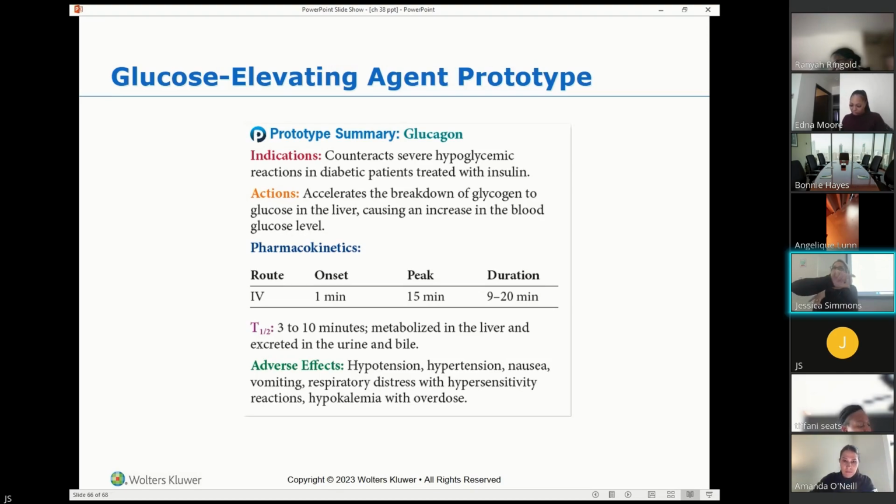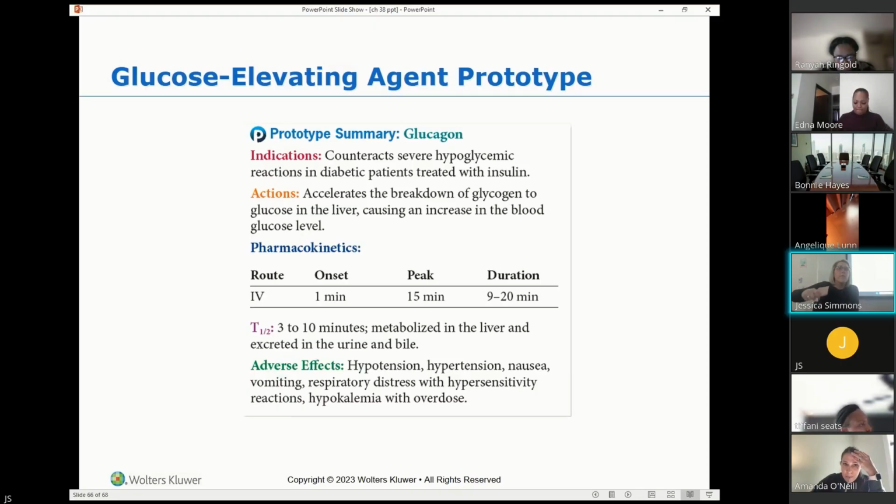If your patient has a blood glucose level of less than 70 and is incoherent or unconscious, use IV dextrose. If your patient is arousable but incoherent, you can use glucagon. So there are different levels of treatment of hypoglycemia.